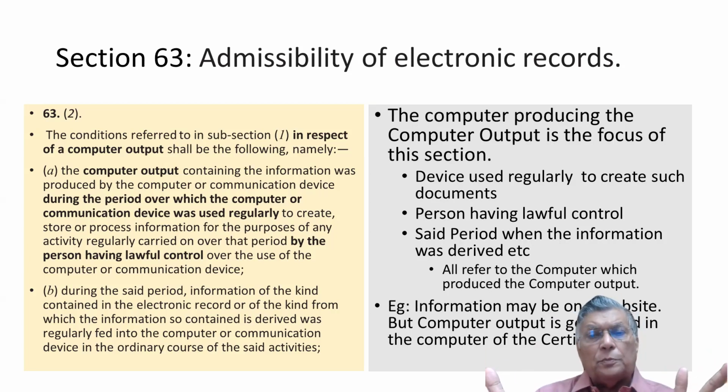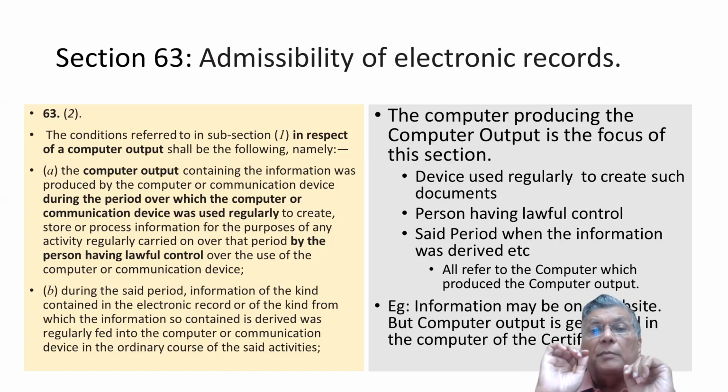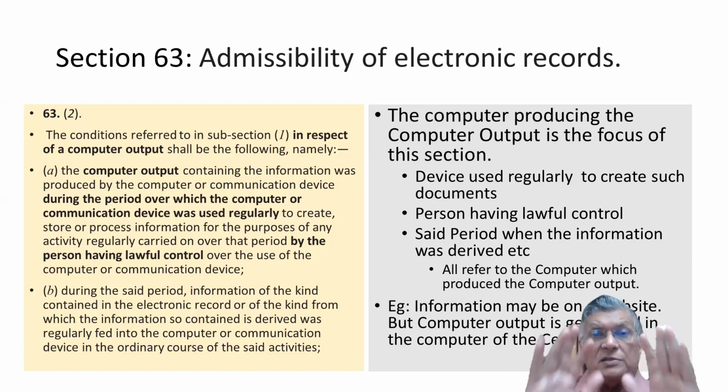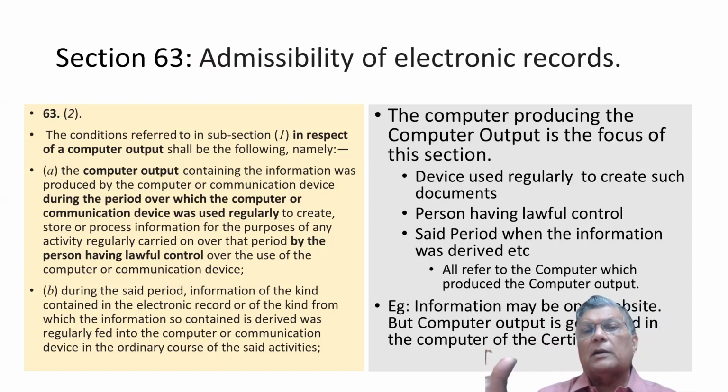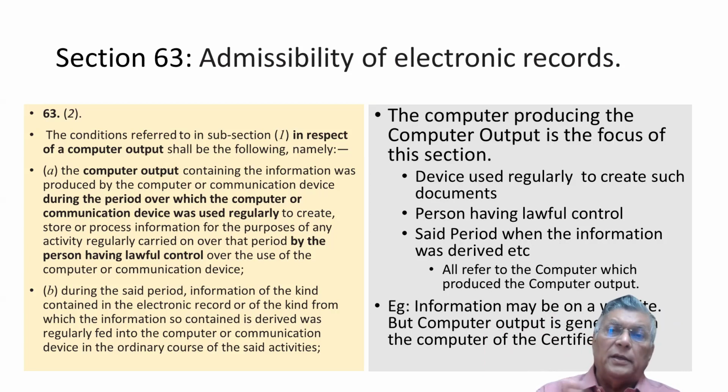How is the computer output produced? One, I get the primary document on my computer, let us say by going to www.facebook.com, entering the particulars, and the page is coming on my computer. Now, once it is there on the computer, I say Control P or something like that. I print it or I copy it into my pen drive.